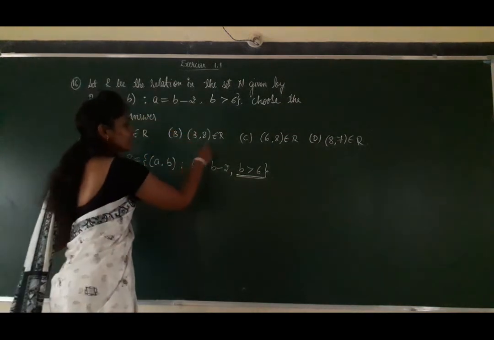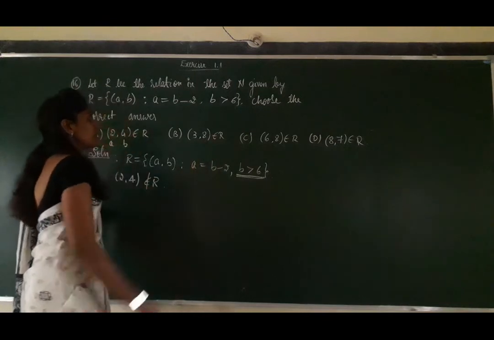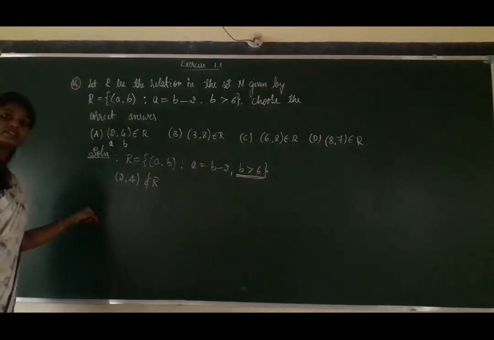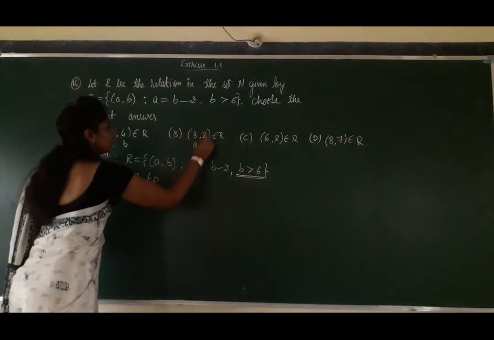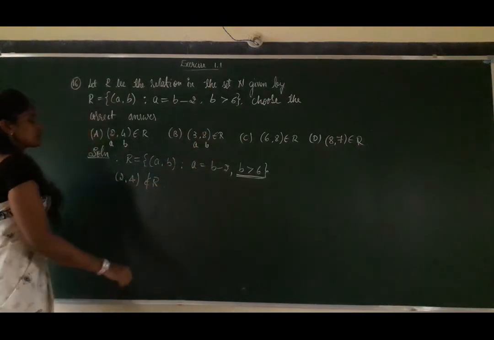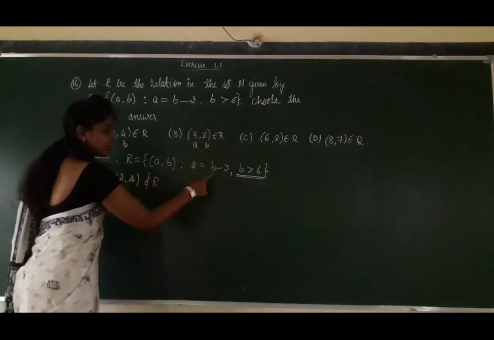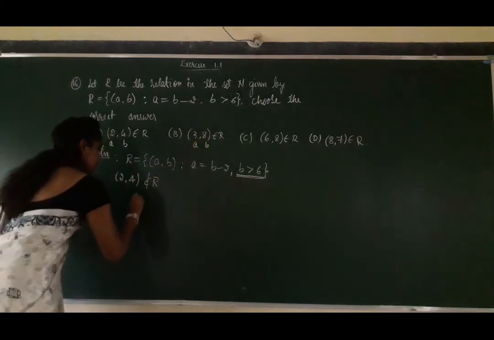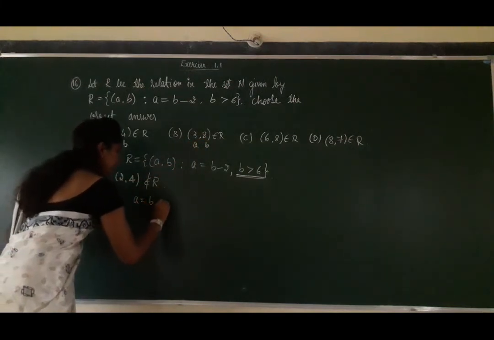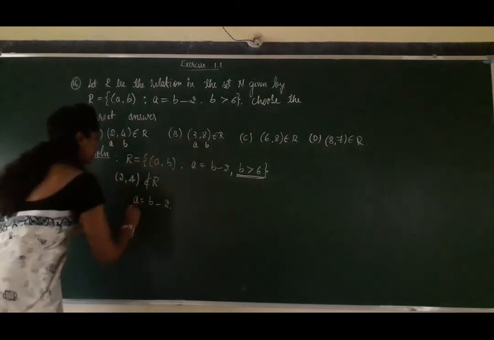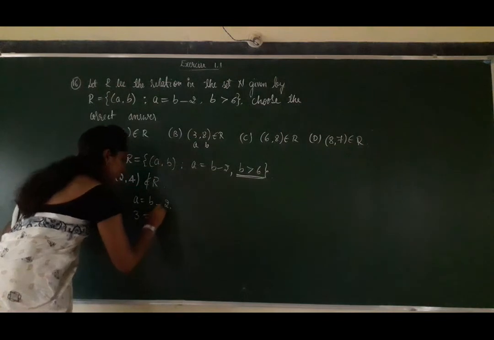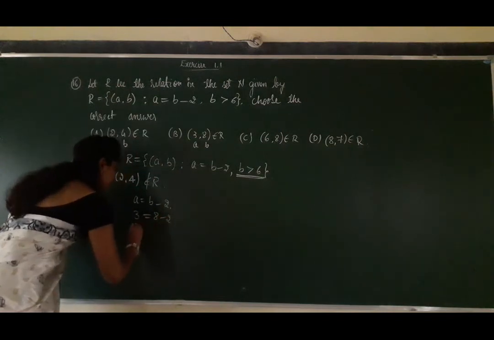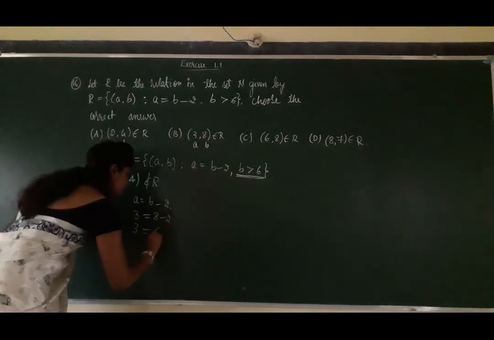Here B value is greater than 6, but we will check whether this answer is right or wrong. So this is the value of A, this is the value of B. Substitute the values of A and B. The relation is A is equal to B minus 2. The value of A is 3, which should equal B value 8 minus 2, that is 6.